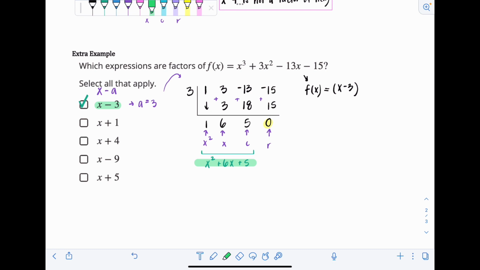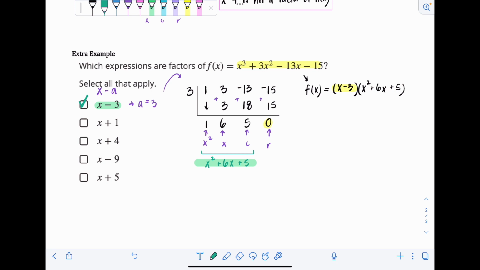So x squared plus 6x plus 5 is what's left over after I divide out the x minus 3. So that's the next factor. Because if these two are factors of the original, then when I pulled this one out, this is what I have left. Those two times each other get us back to the original problem.